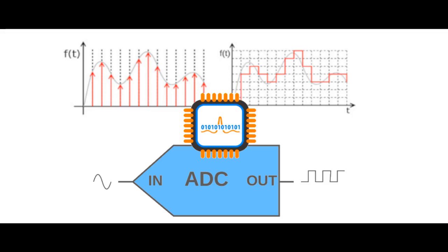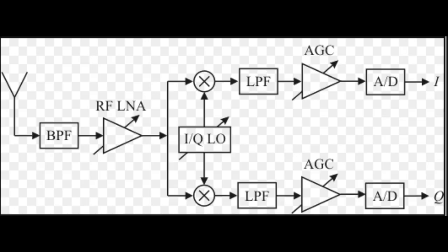All right. Now let's take this same sound card ADC, and we'll take two of them, and we'll put it after an IQ modulator. So we have two analog to digital converters. Both are running at a 48 kilohertz clock. And for our purposes, let's just say the carrier is 1 megahertz.